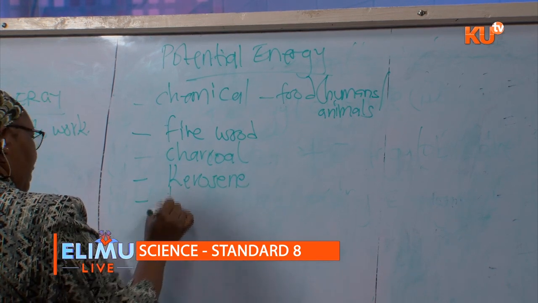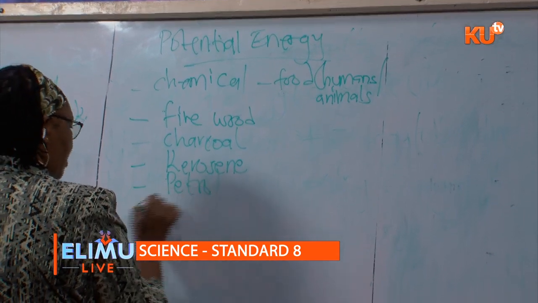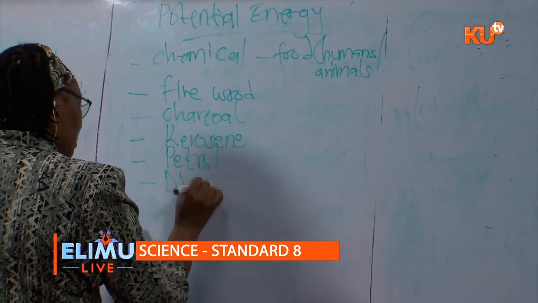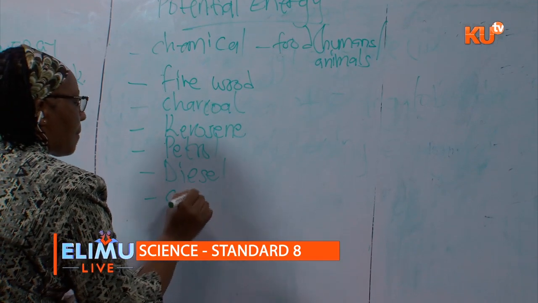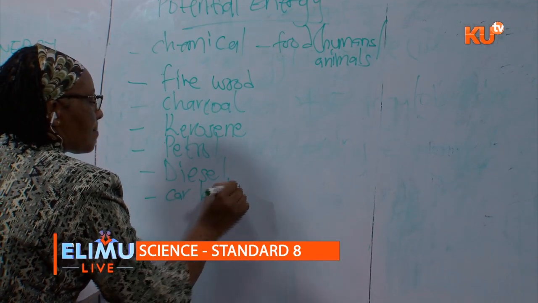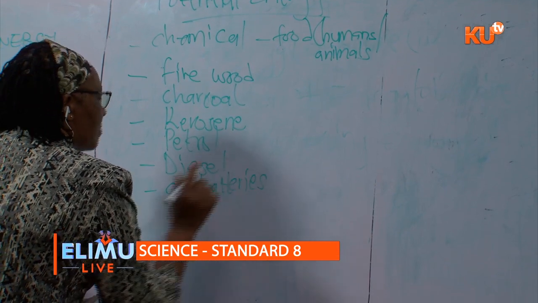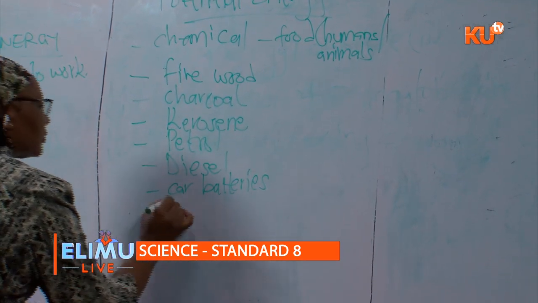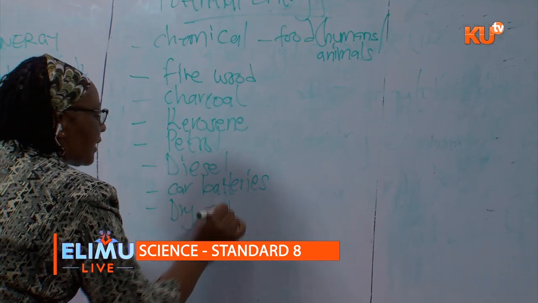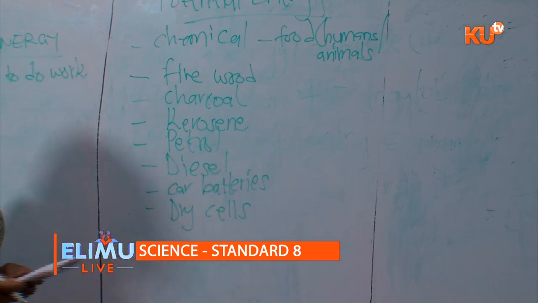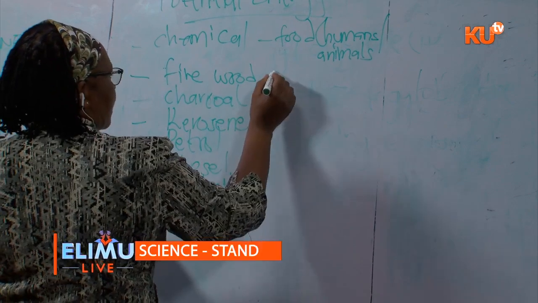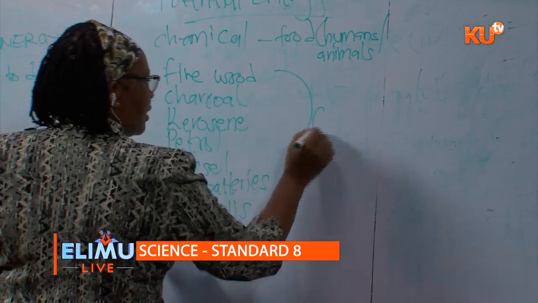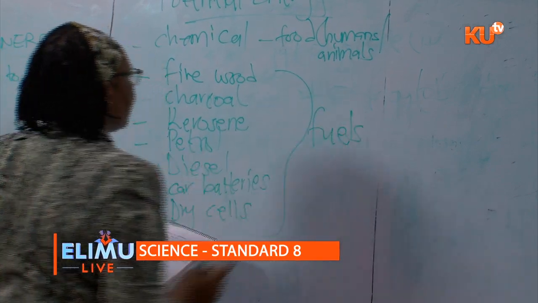We also use petrol in vehicles, we use diesel. We also use dry cells in radios and in torches. This is what we call fuels.